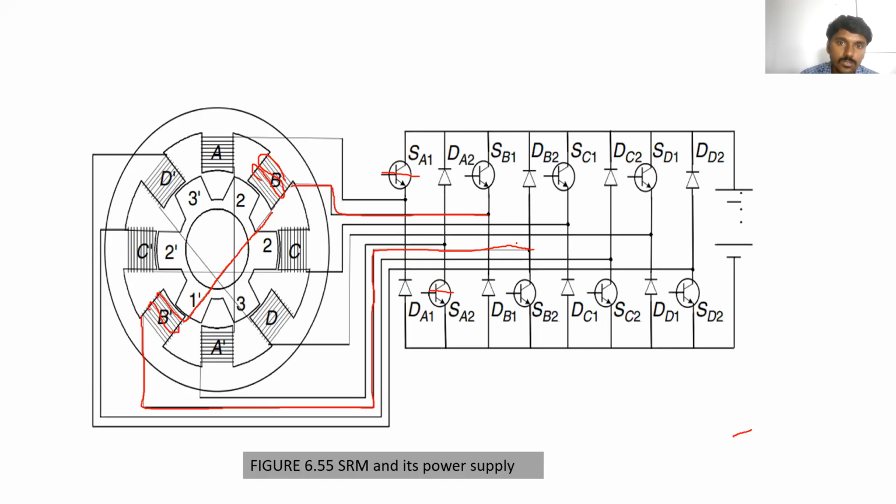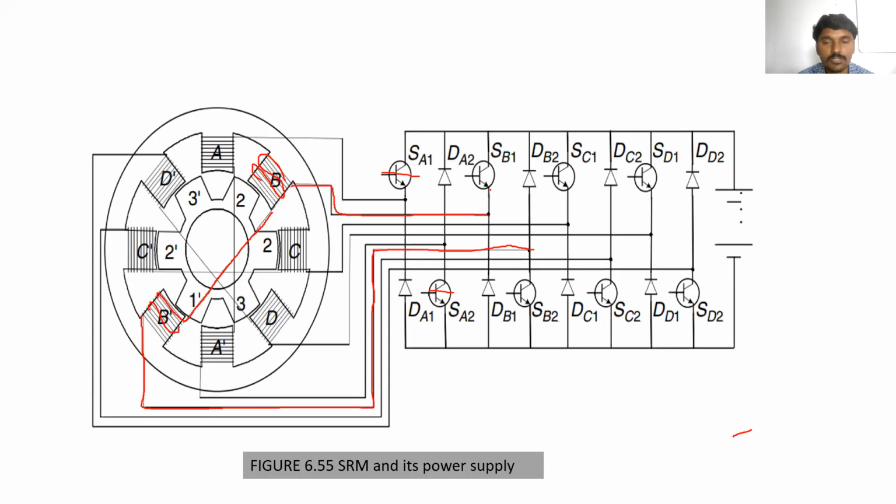It is clear. So in order to give the excitation for the B and B dash coils, the DSP controller will send the signals for SB1 and SB2.